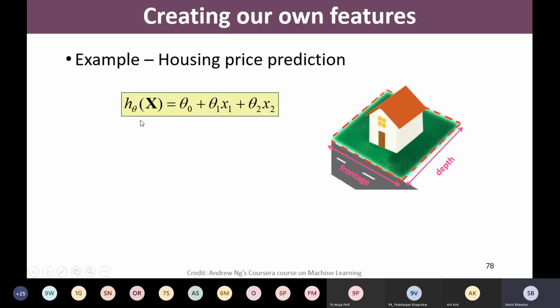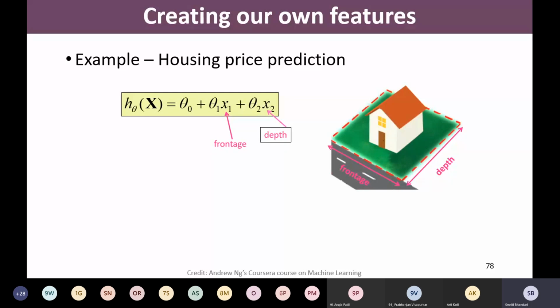So we may have the hypothesis h theta x equal to theta 0 plus theta 1 x1 plus theta 2 x2, wherein x1, the first feature, is the frontage, and x2, the second feature, is the depth, right? This is perfectly fine. This hypothesis is for multiple regression because we have two features here, right?